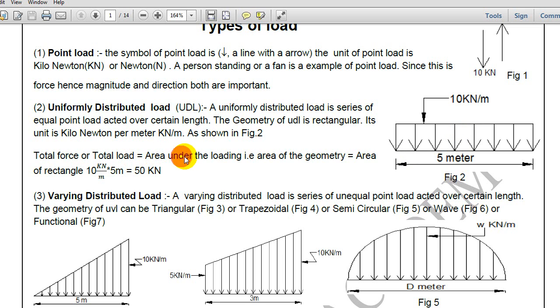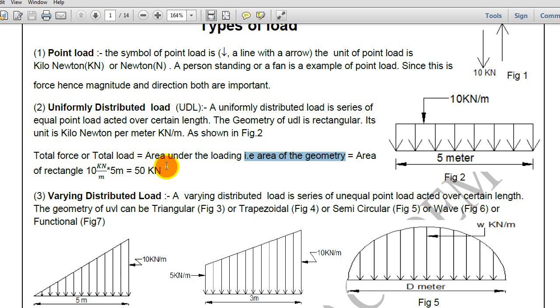So the total load is the area under the loading. Again, it is very important to understand that this is the area of the geometry, and in a UDL the geometry is a rectangle, so its area is 10 into 5, 50 kilonewton.